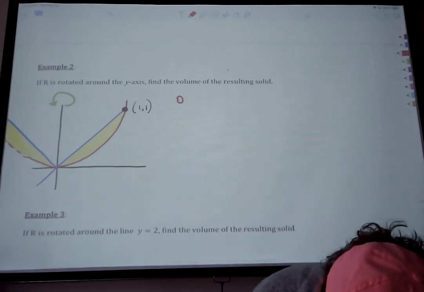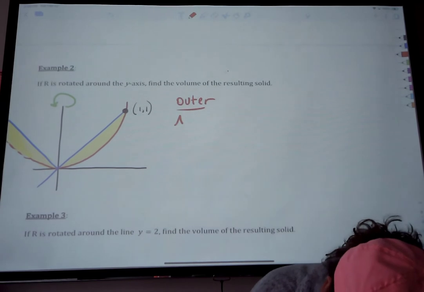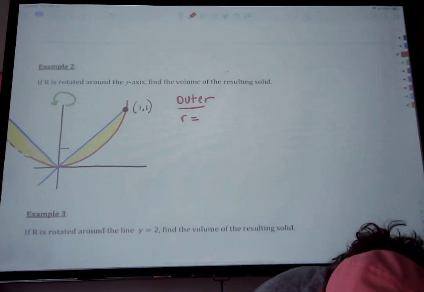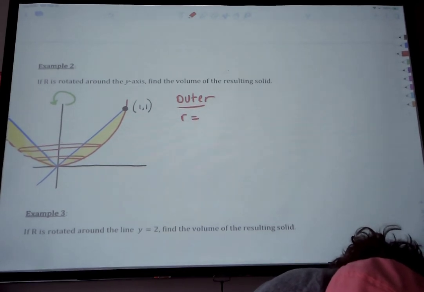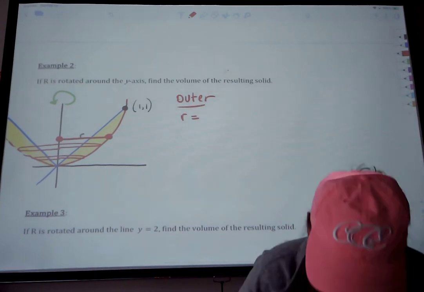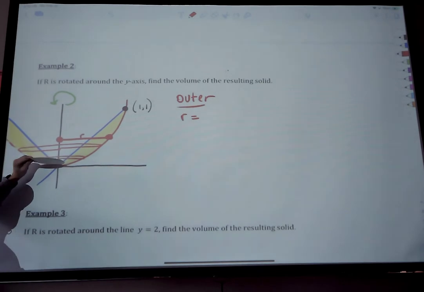All right, so outer first. Let's look at my radius. I'm going to draw a few circles to the outer function. Notice that my circles are stacked vertically.